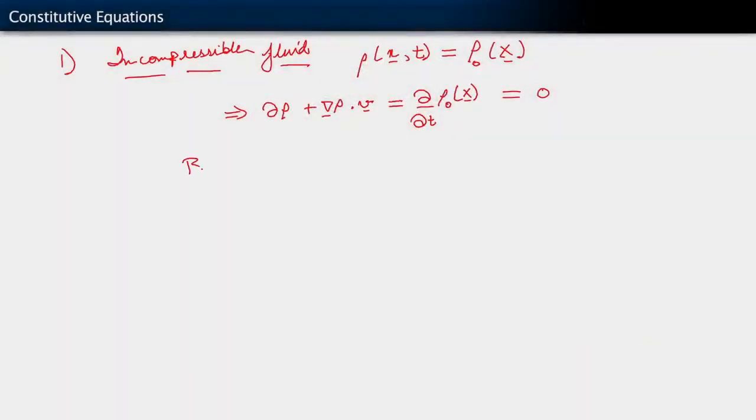Now we note that this condition can be simplified further, because if we apply this to our balance of mass in the current configuration, the balance of mass was the partial time derivative of rho plus the convective term plus rho divergence V equals 0.